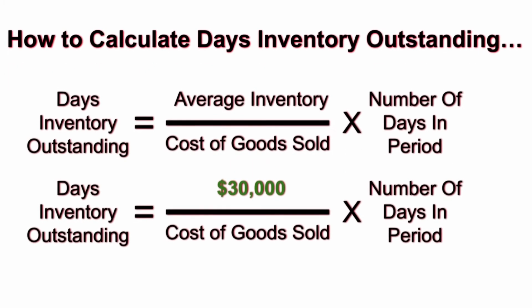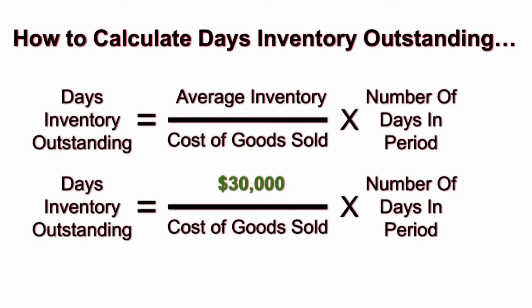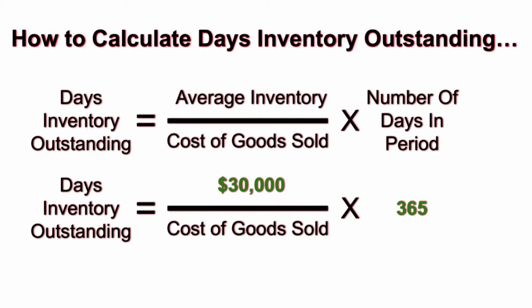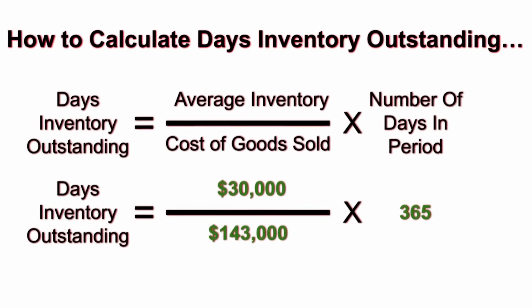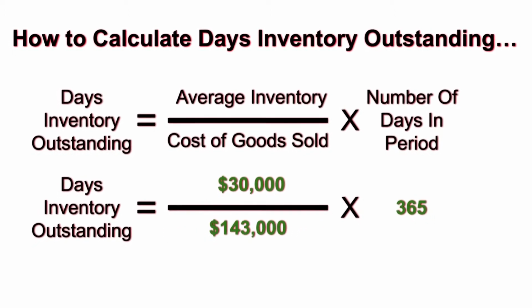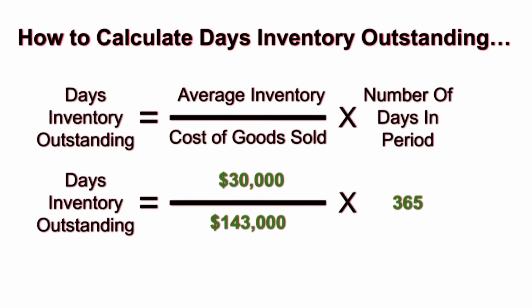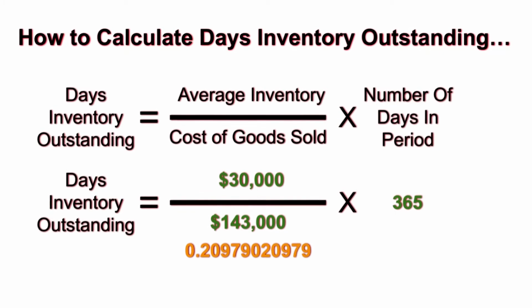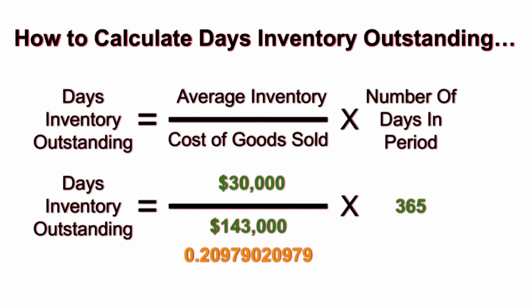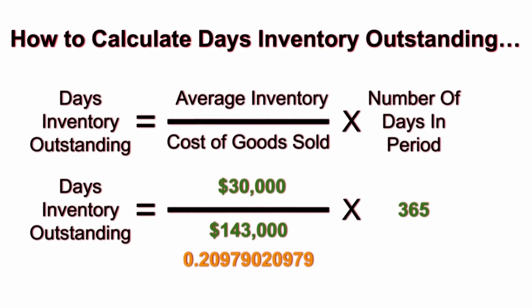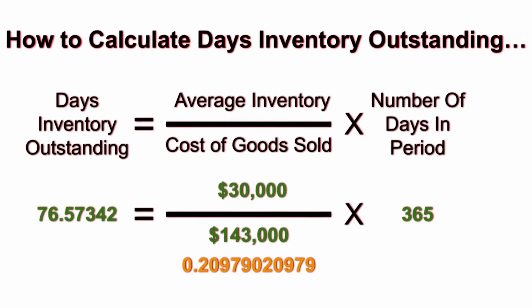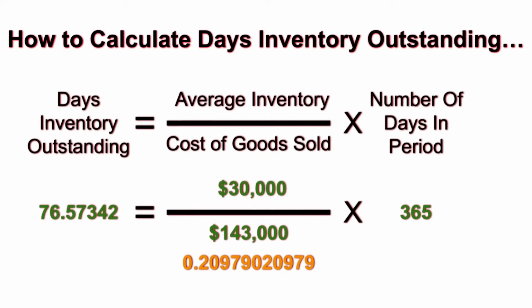For example, if a company has $30,000 in inventory on average during a 1-year period, and their cost of goods sold is $143,000, we would calculate DIO by first dividing the average inventory of $30,000 by the cost of goods sold of $143,000, and then multiplying that by the number of days in the period.